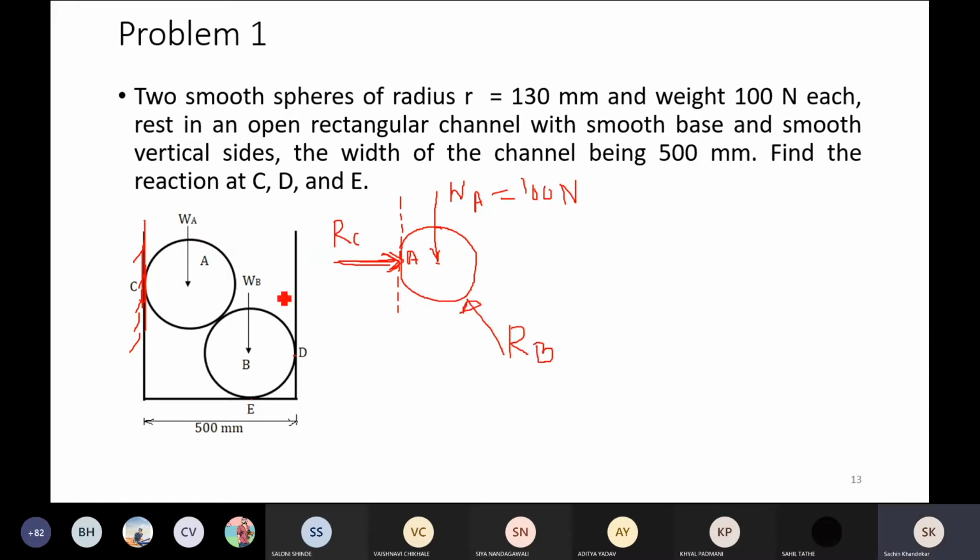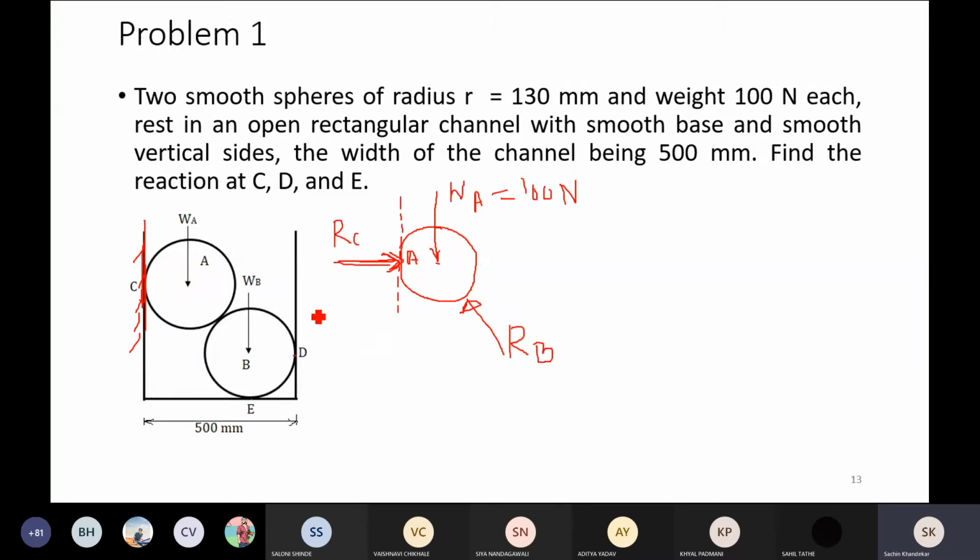Any other external force acting on A? No, that's all. So these are the three forces: self weight 100 Newton, reaction RC offered by the vertical wall, and reaction RB offered by B on A. So cylinder A is acted upon by these three forces WA, RC, and RB.